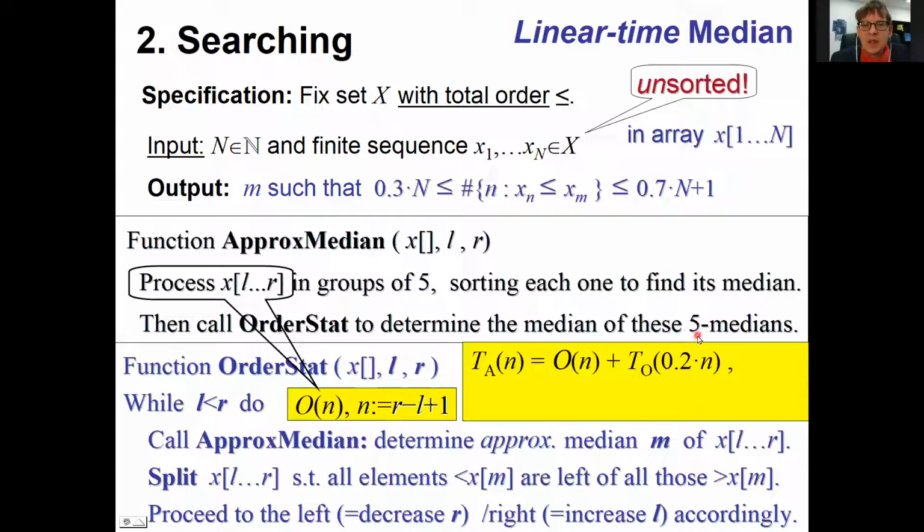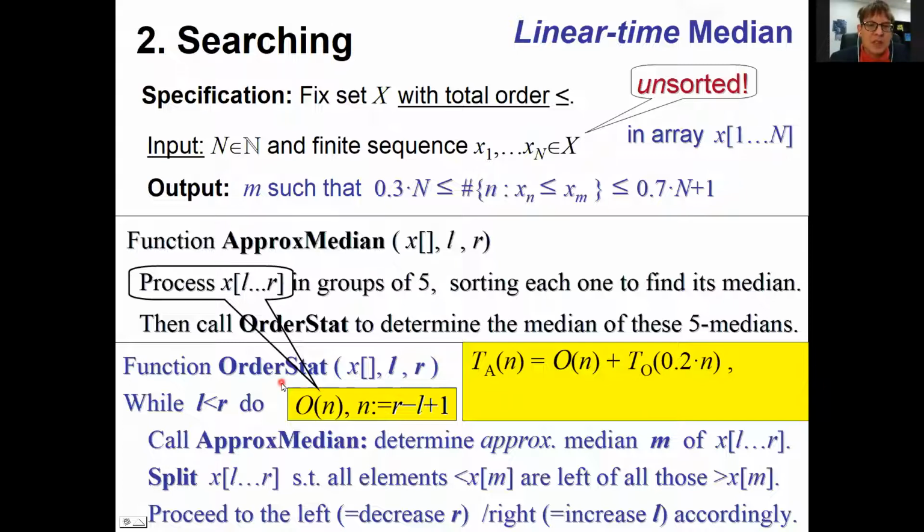And then taking these 5 medians, of which there are 20% of the original data, collecting these into a separate area, and making a call to order statistics with only 20% of the size of the initial data. So that's our analysis of the first algorithm.